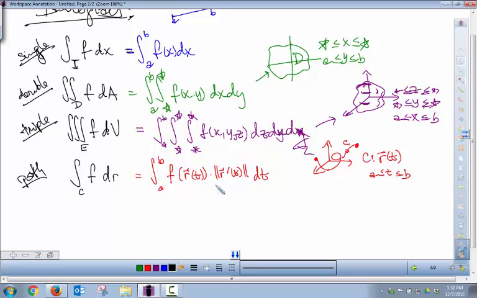And just to point out that this is your dr. This is a multiply, not a dot, because these are both scalars. Yeah, it's a multiply.